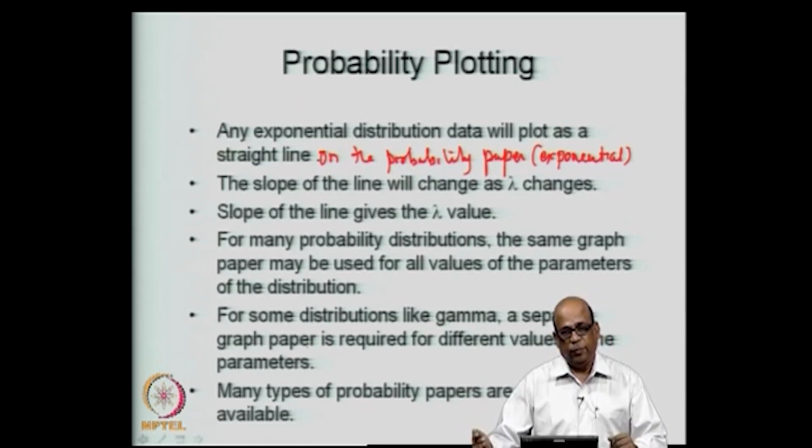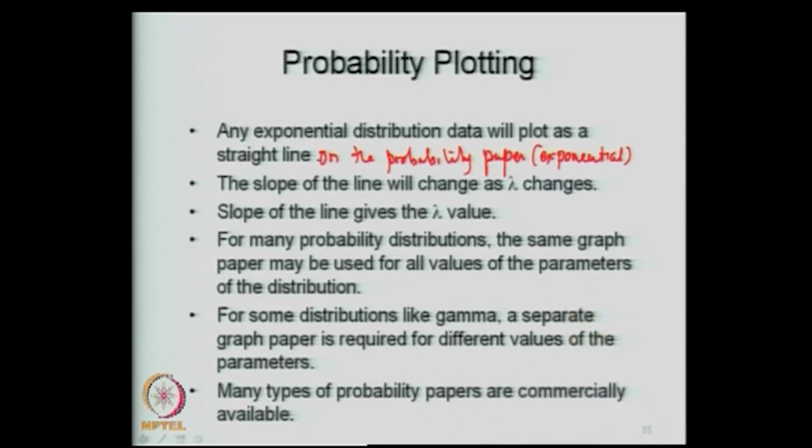So, today in the lecture essentially we started off with the frequency factors and we introduced the frequency factors associated with the normal distribution and we solved an example corresponding to that.